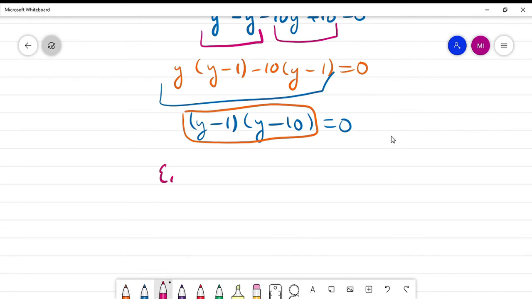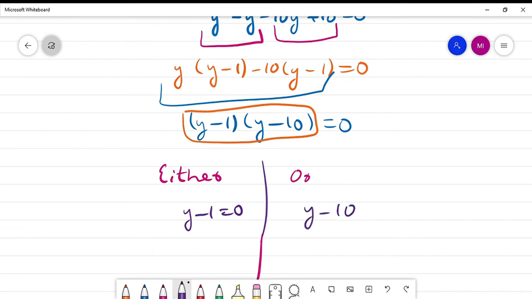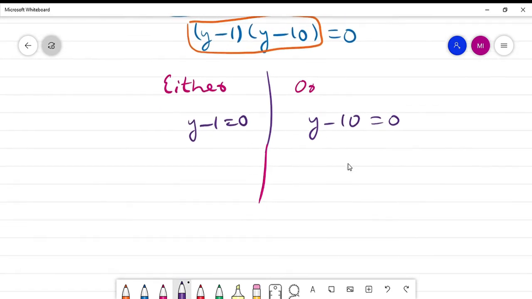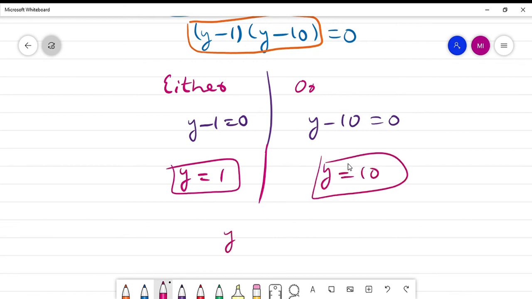So we're going to say either y minus 1 is equal to 0 or y minus 10 is equal to 0. So y is equal to 1 and y is equal to 10. So y is equal to 1 and 10. Solution set.